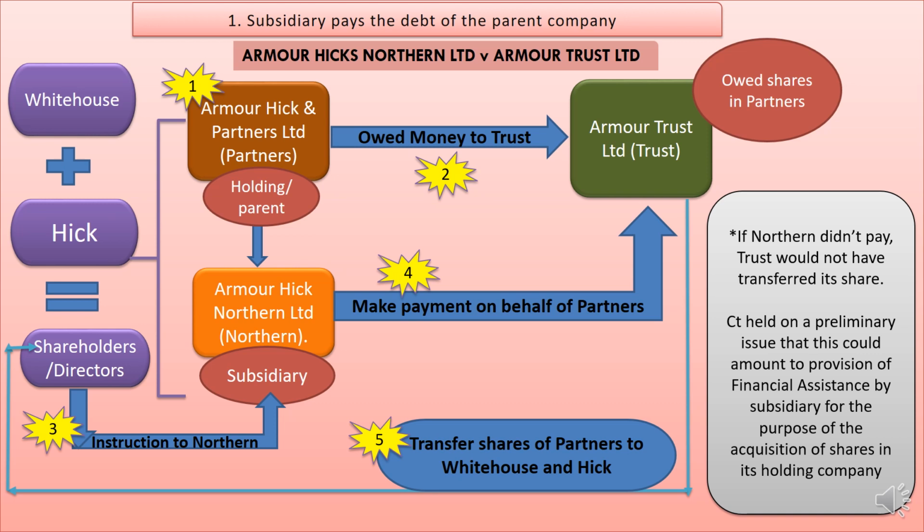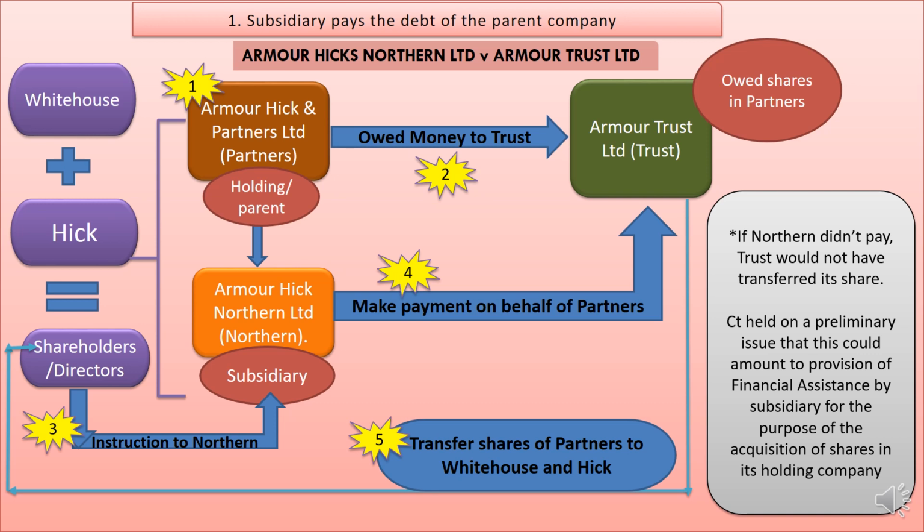So now, the directors, shareholders, give instruction to Northern, the subsidiary, to make payment on behalf of Partners. So now Northern pays the debts of Partners to Armour Trust. Alright, so you see, Partners did not pay its own debts, but its debts were paid by Northern, the subsidiary company. What's wrong with that?